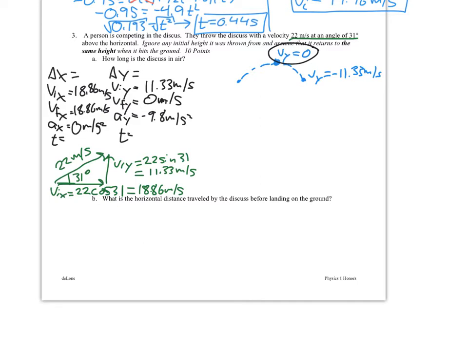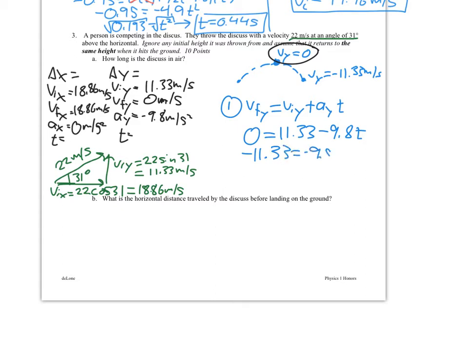So what I can then do is say VFY equals VIY plus AYT. Use that equation to solve for my time. So 0 equals 11.33 minus 9.8t. I can move that 11.33 over, so negative 11.33 equals negative 9.8t.